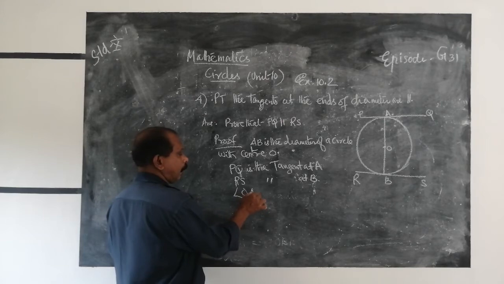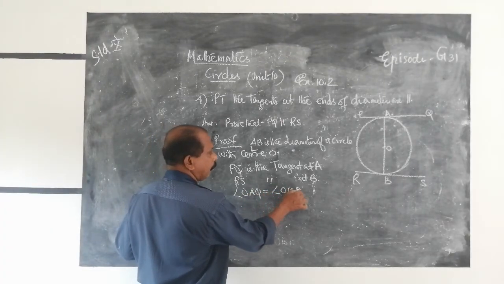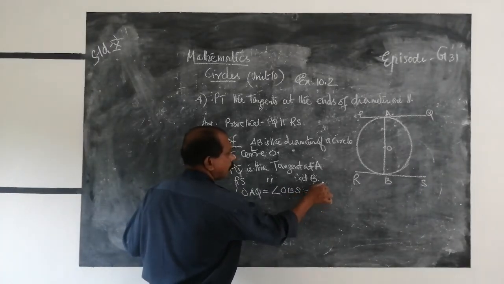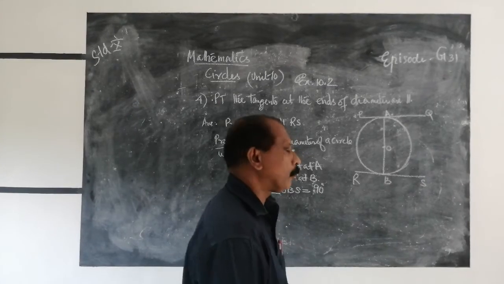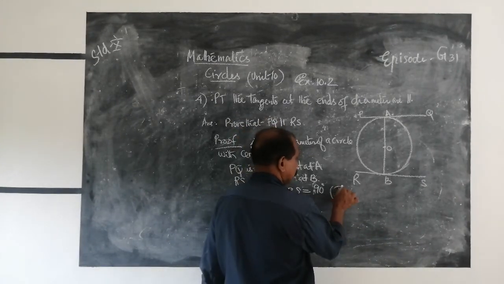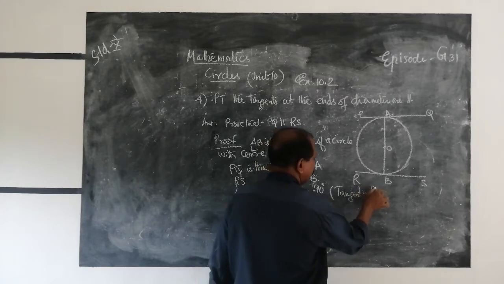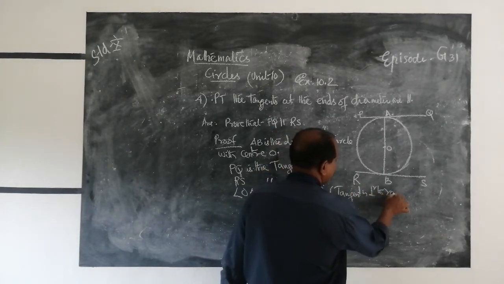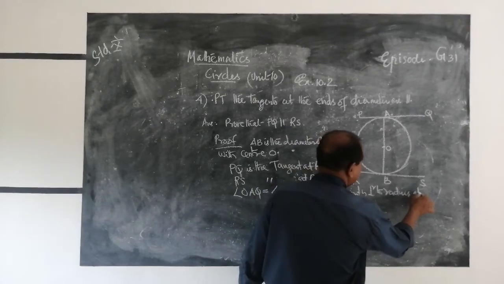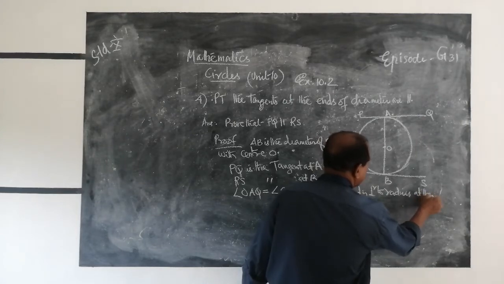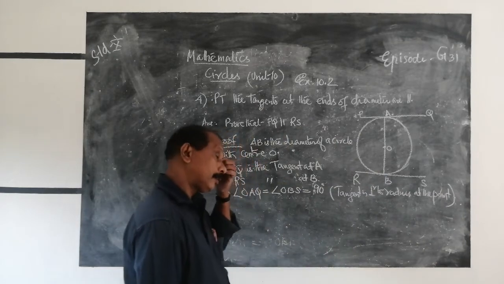Angle OAQ is equal to angle OBS is equal to 90 degrees, because the tangent is perpendicular to the radius at the point of contact. That is the reason.